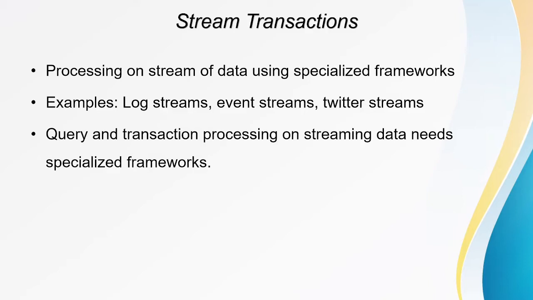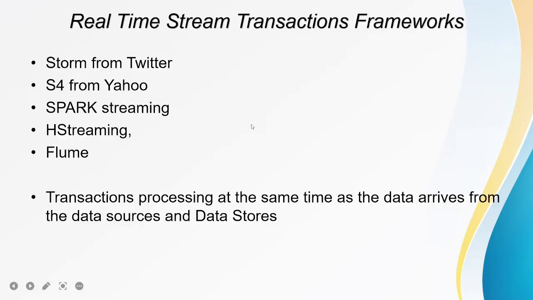And here are real-time stream transaction frameworks. Some of the frameworks that have been used are Spark Streaming, Flume, S4, and Storm. They are a few of the real-time transaction frameworks.